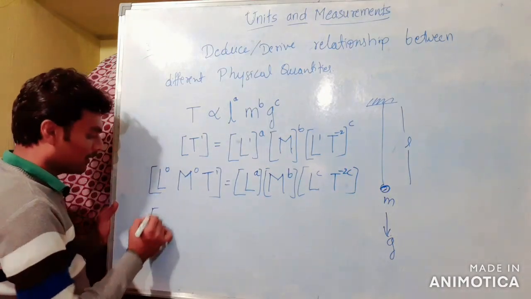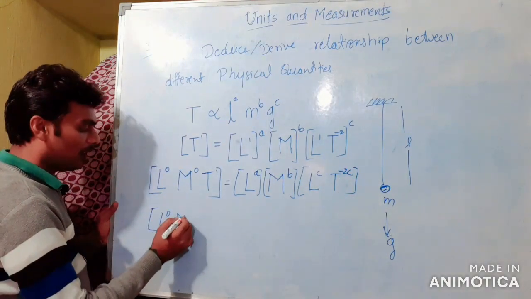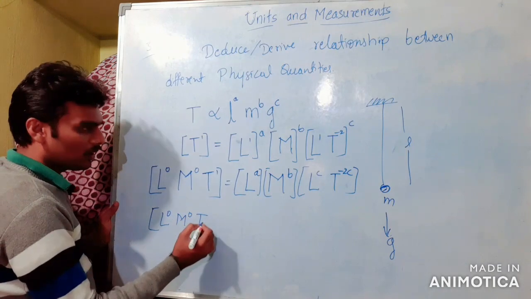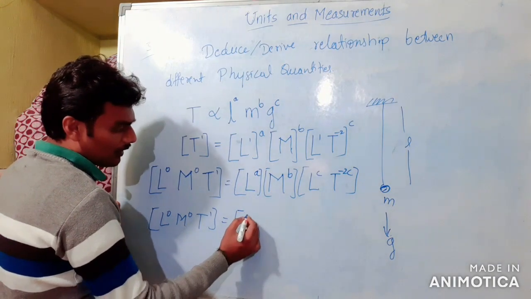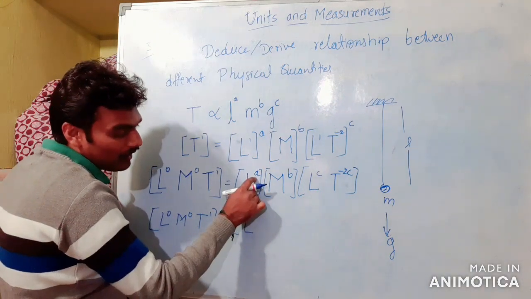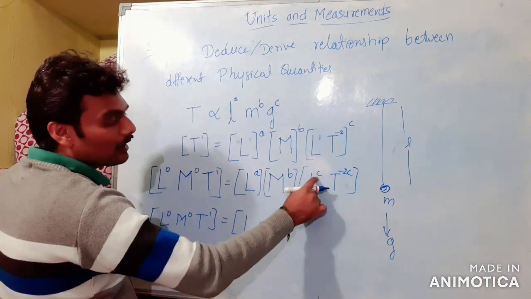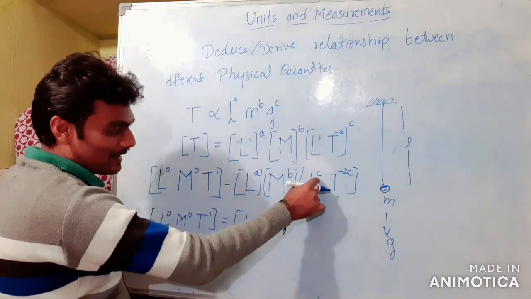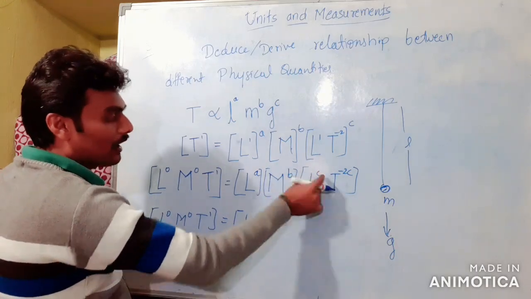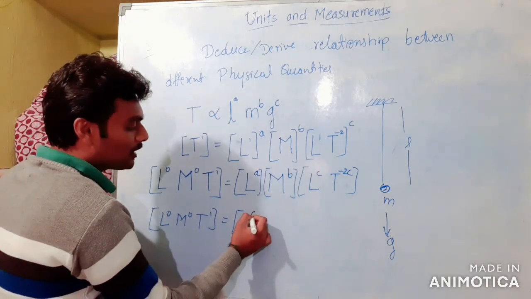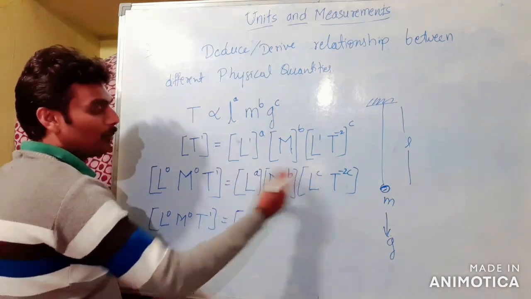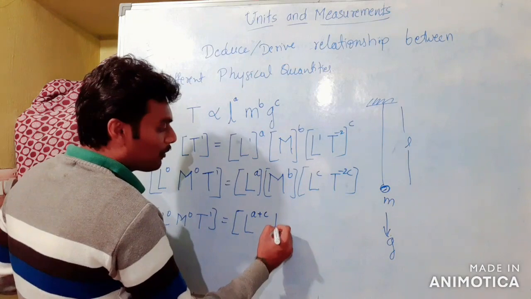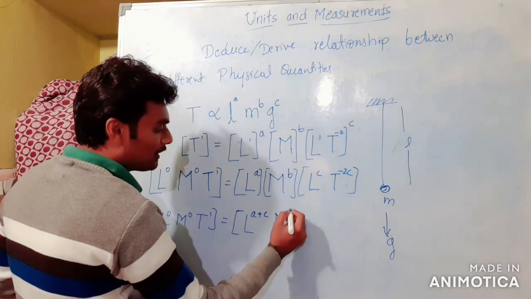And now once again, L0, M0, T1, and in the RHS, see, I here have L raised to A, and here I have L raised to C, LC. When they are put together, it's going to be L raised to A plus C, right? A plus C, and M raised to B, right?